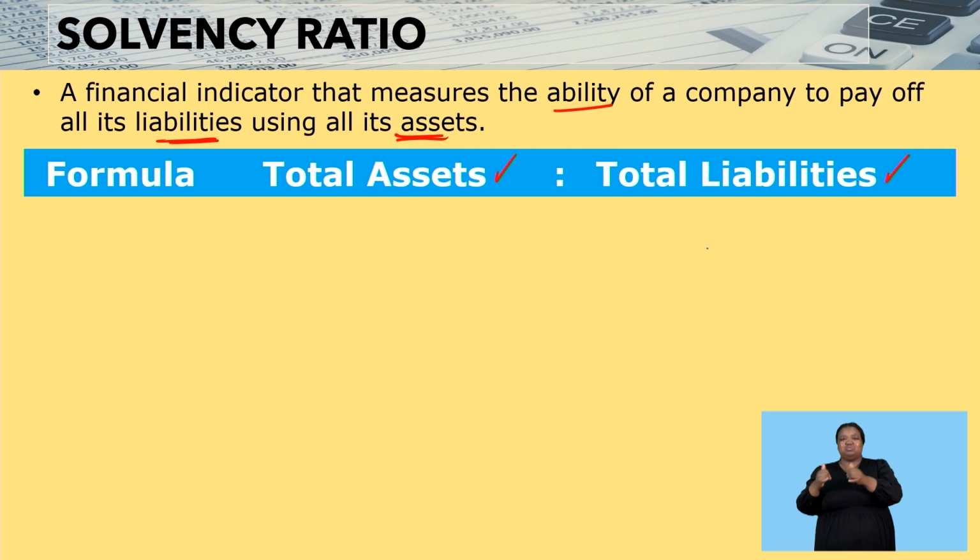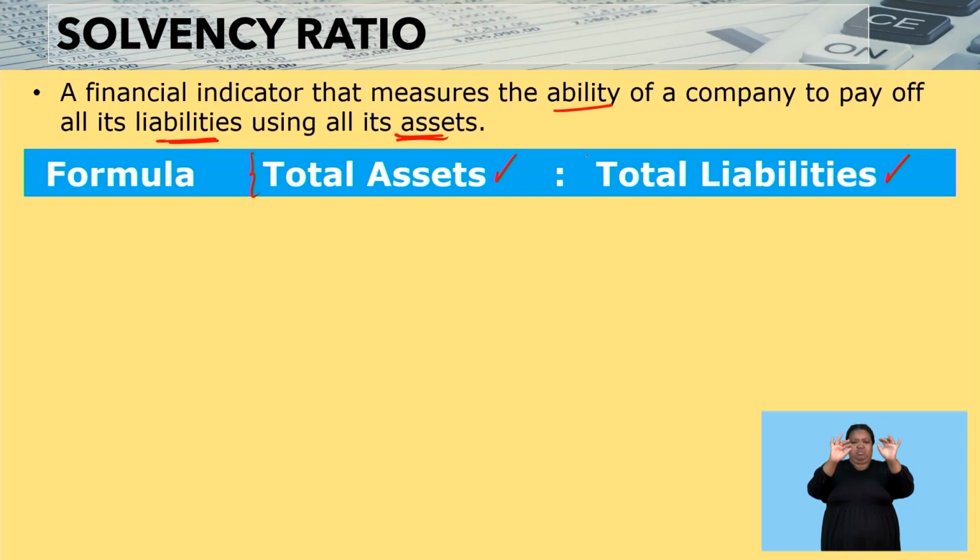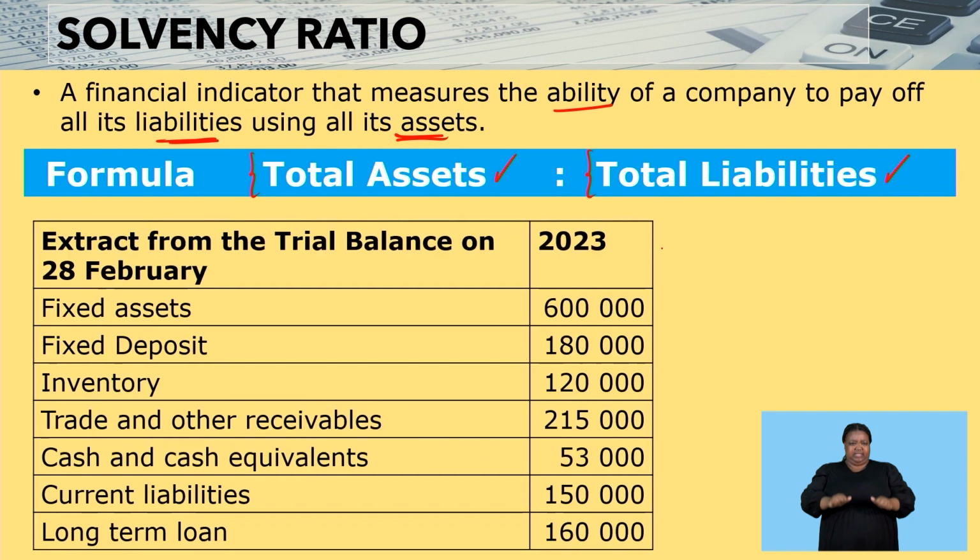You should have already done the statement of financial position, as I said earlier on, which will allow you to know how to get total assets as well as total liabilities. Here is an extract of the statement of financial position.